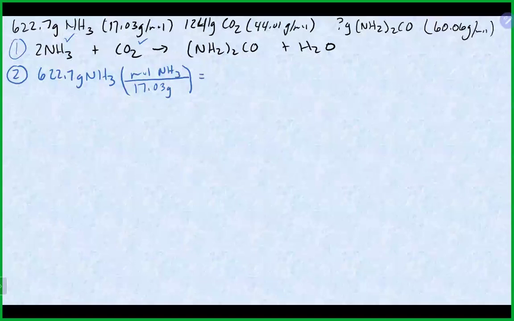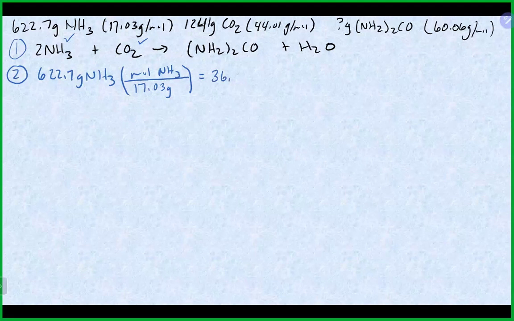And that's going to get us 622.7 divided by 17.03, which is from the periodic table, 36.56 moles of NH3. We're also going to do the same thing with our other reactant, which is 1,241 grams of CO2.